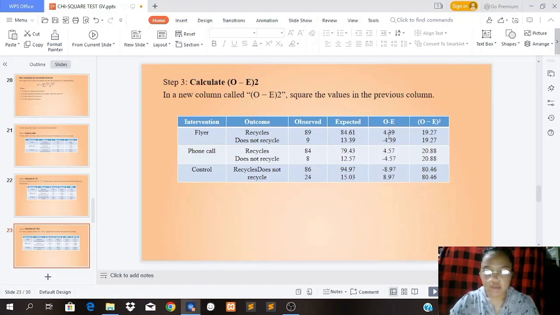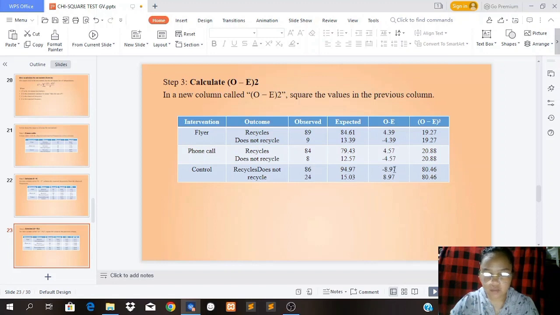So, we square the O minus E, and the negative sign disappears. 4.39 times 4.39 equals 19.27, same as negative 4.39. 4.57 times 4.57 equals 20.88, same as negative 4.57.